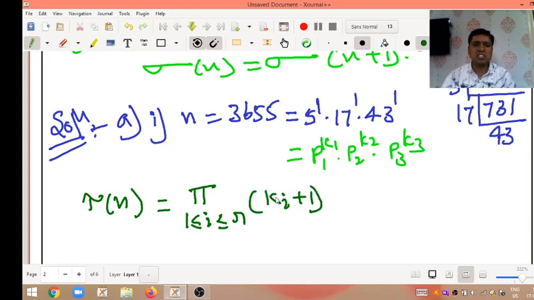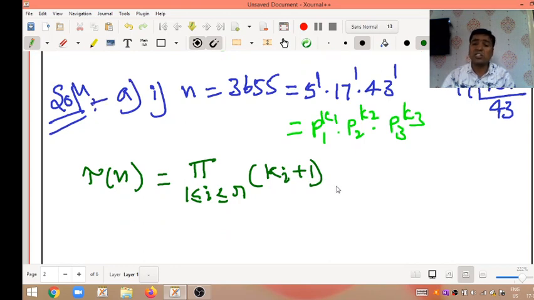By expanding this, it is k1 plus 1 into k2 plus 1 into k3 plus 1, and so on, up to kr plus 1. Okay, my dear students, in this formula we want to apply all this, where i is from 1 to r.